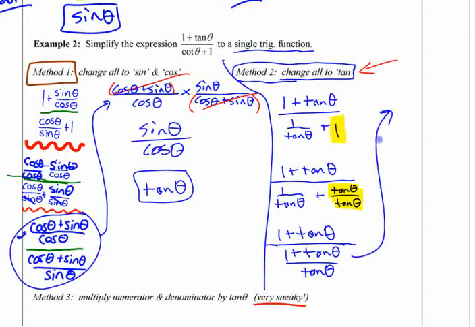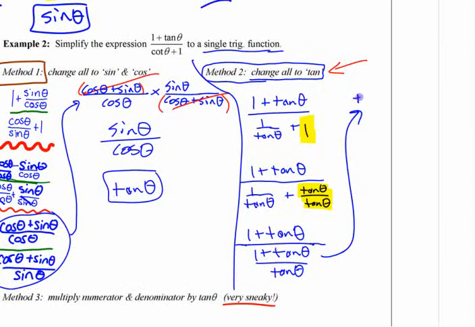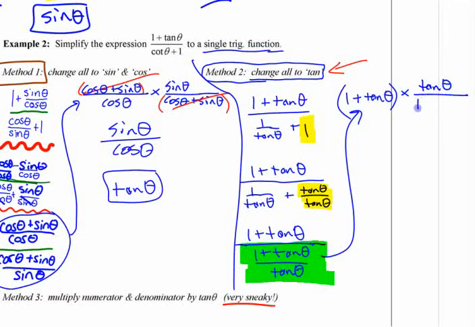Then if you take this whole thing up here, 1 plus tangent, that whole thing, I'm going to need to put brackets around it now. Dividing by that fraction is the same as multiplying by the reciprocal of that fraction. If you have it as part of a fraction, you don't need to put brackets around that binomial.